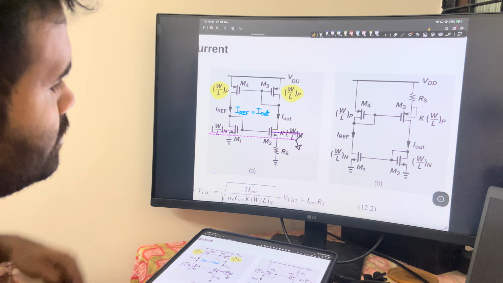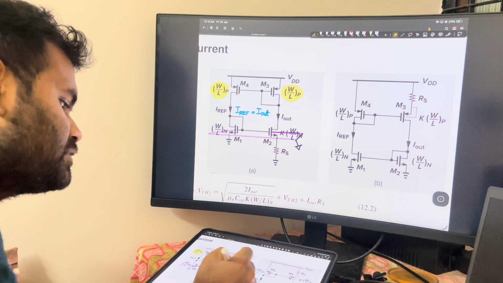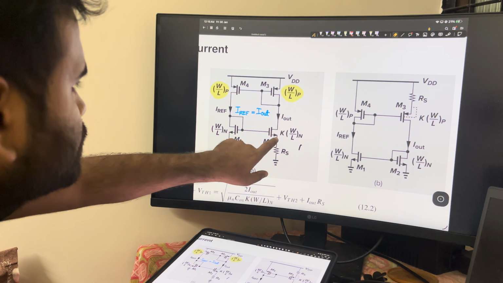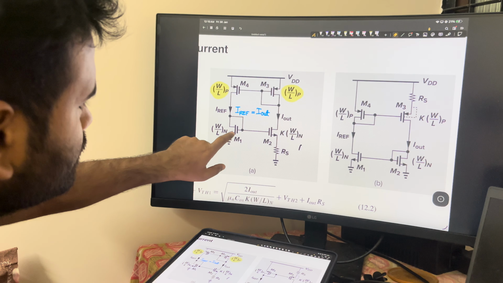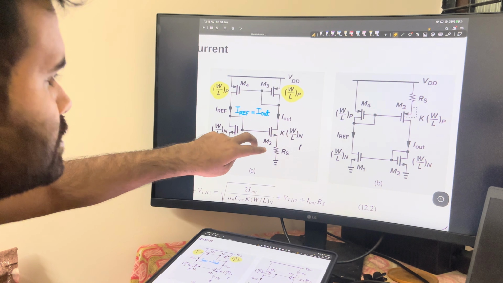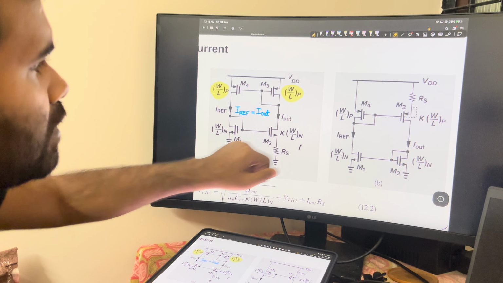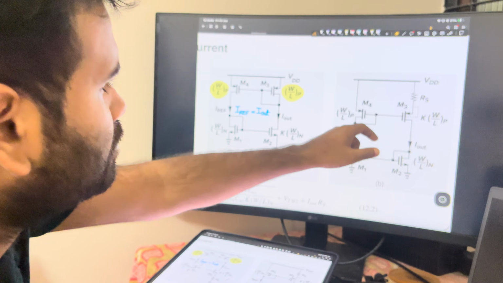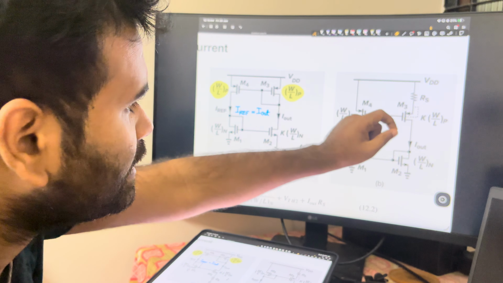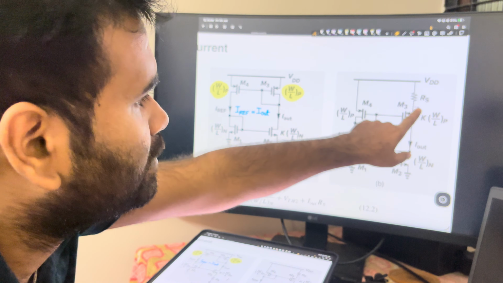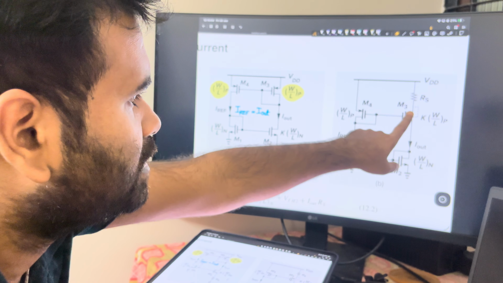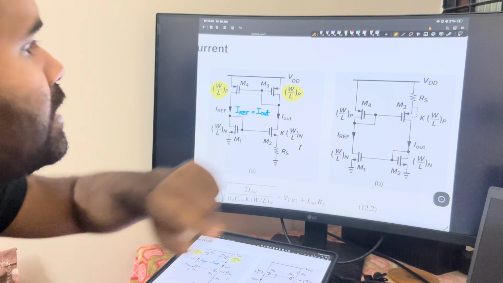Now if you look at this portion, there is some body to source voltage, whereas here the body to source voltage is 0. Because of that you have something called the body effect. But in case of PMOS, for each individual PMOS you can get that body terminal, and you can manually connect this body terminal with the source terminal. That way you can avoid the body effect.